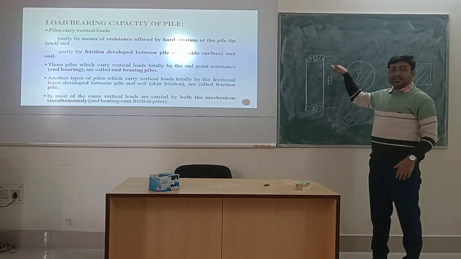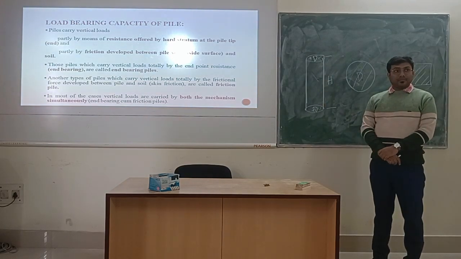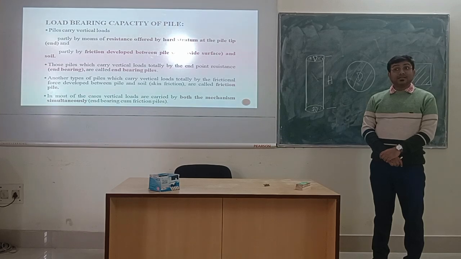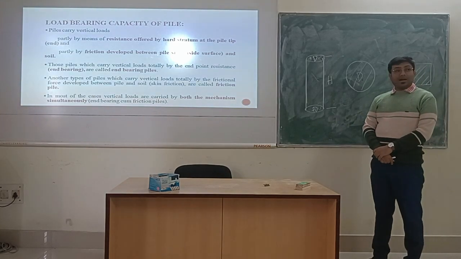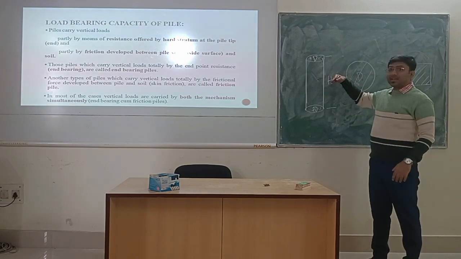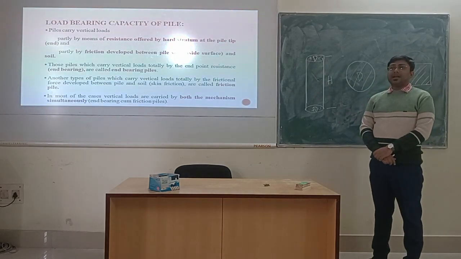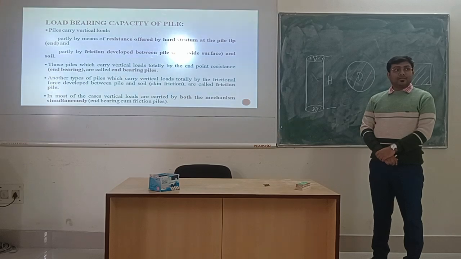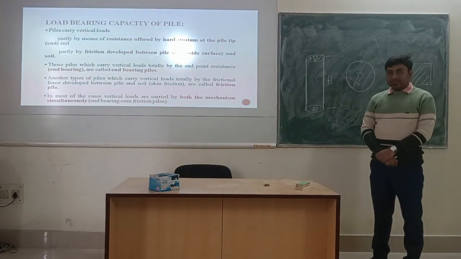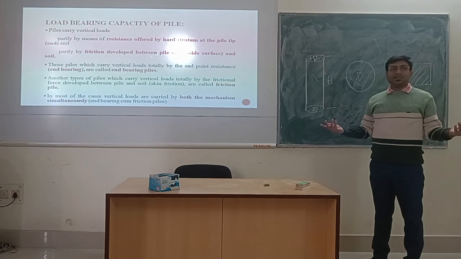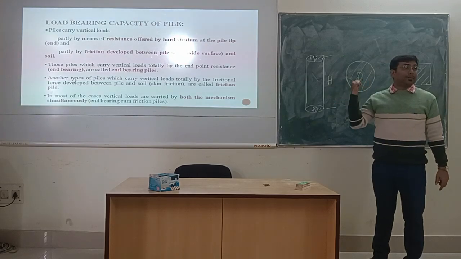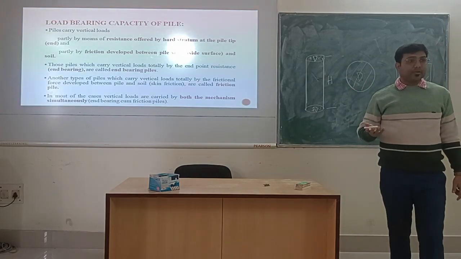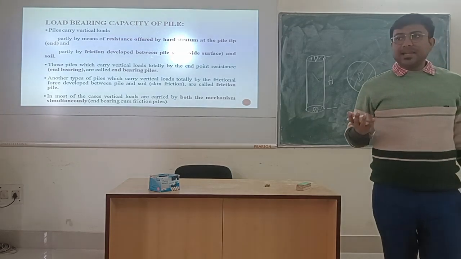What is this 3D shape? Yes, cylindrical. So what is the surface area of a cylinder if H and D are given? Pi D H. Pi D H is the area of the pile shaft. Simple. This is coming from the basics of mathematics, nothing else.